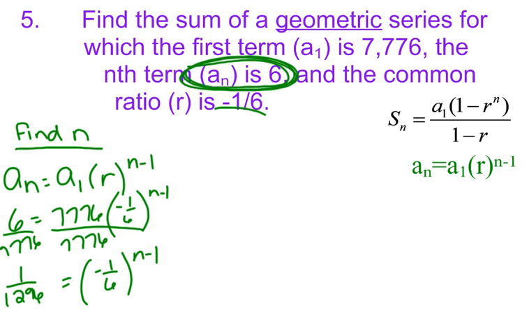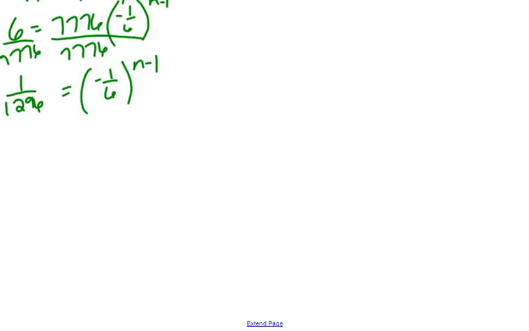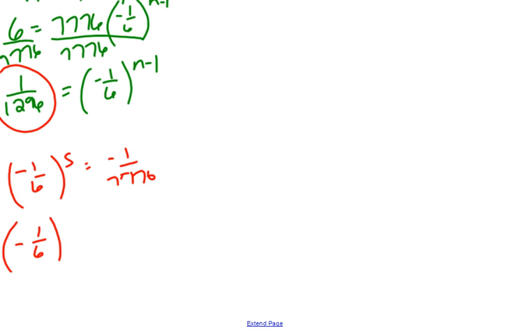Let's just try it. I'm going to move this down here so I can show some work for you. Negative 1/6 to the 5th power is, as a fraction, negative 1 over 7776. And that's not what I'm looking for. I'm looking for 1 over 1296. So let's try a smaller one, like negative 1/6 to the 3rd power.